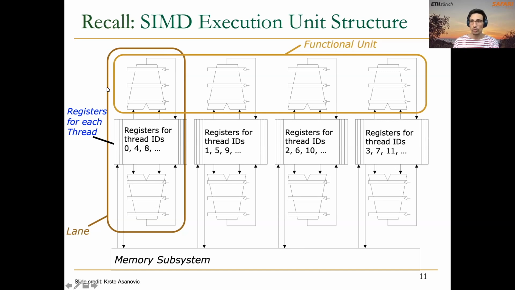So every time we talk about the internals of the GPU core and how the warp instructions are executed, we would be talking about every single thread of a warp being executed on a SIMD lane of the GPU core.